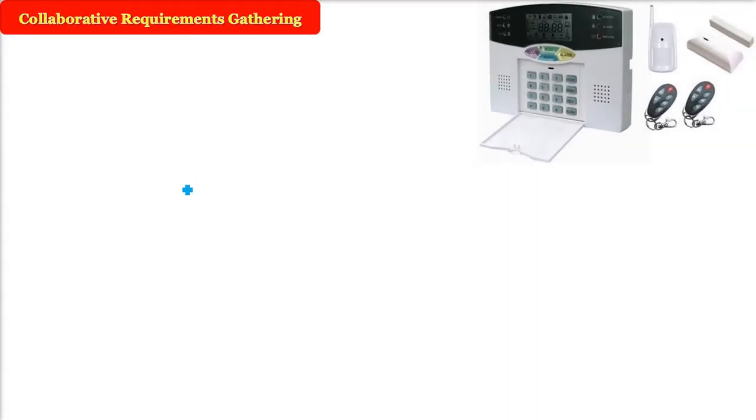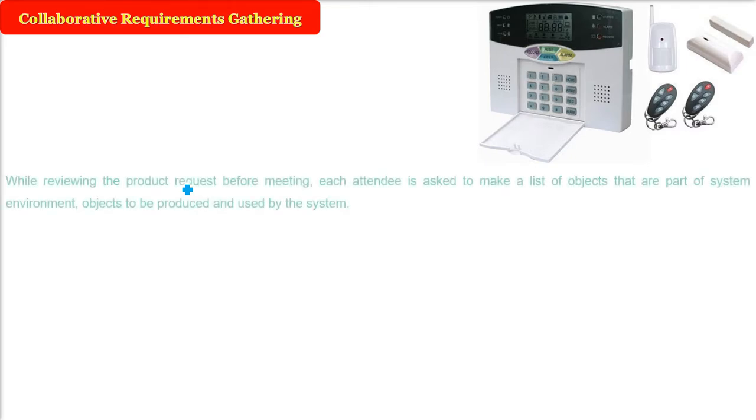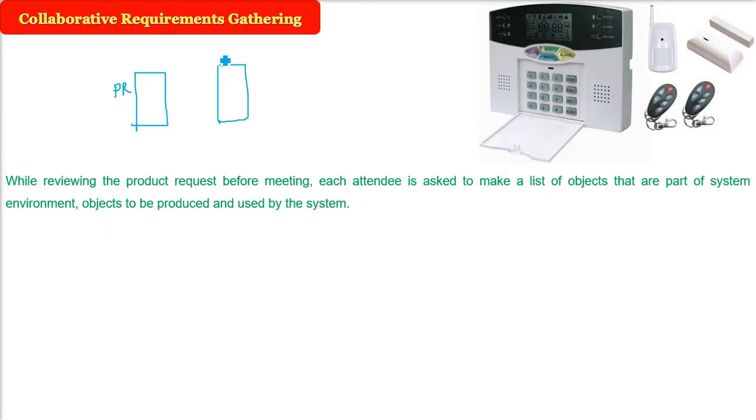Under this collaborative requirements gathering, both parties sit together with various others, and they want to find out the requirements. So now the product request has been given and discussed. These are reviewed, the product request. Now all the attendees present are asked to make 3 lists.